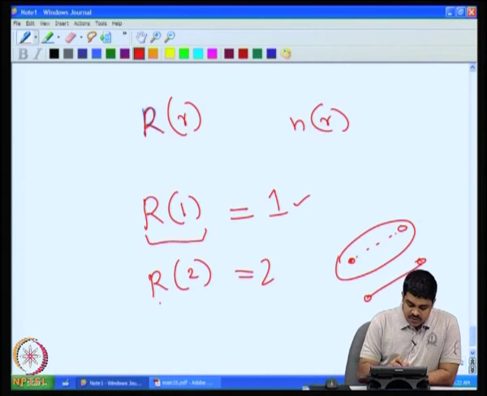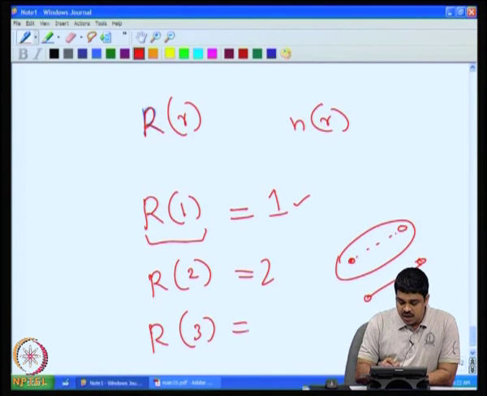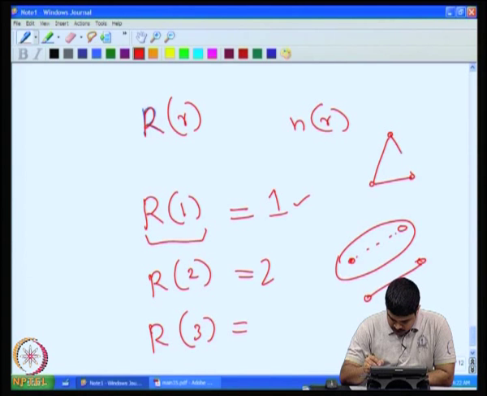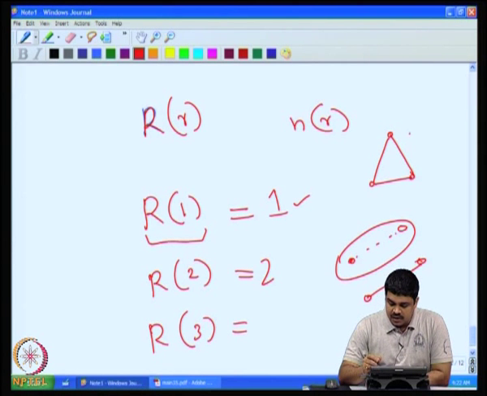And now, the next question was R of 3, which was slightly more non-trivial, which we considered. When can I say that there exists a triangle or an independent set of size 3?